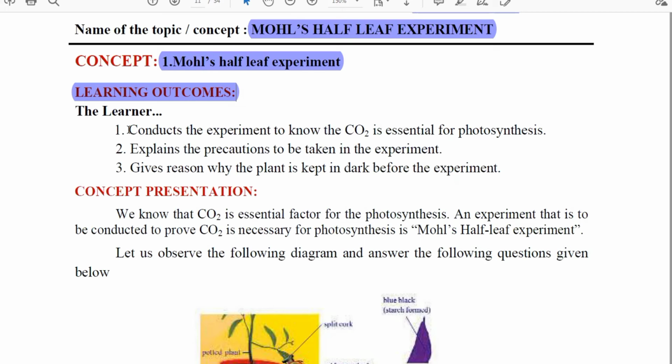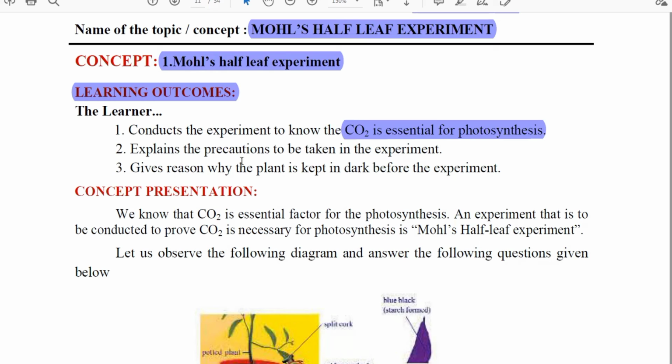Number one, the learner can conduct the experiment to know that CO2 is essential for photosynthesis.